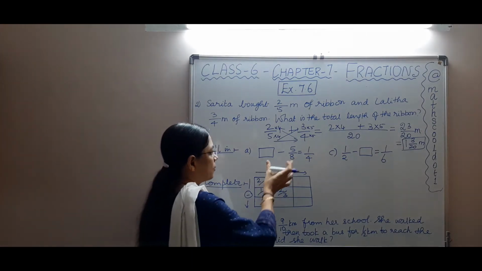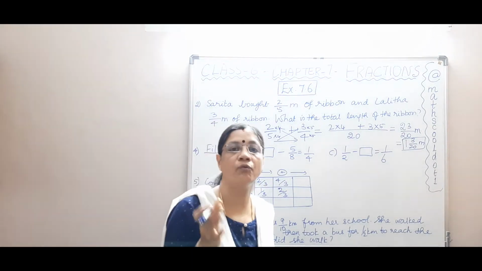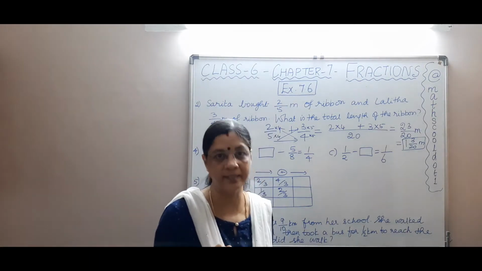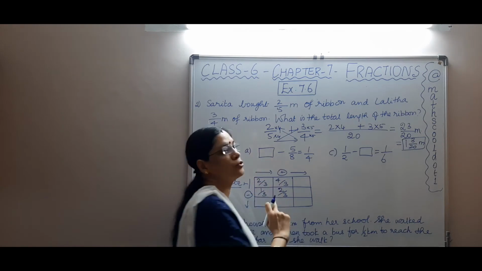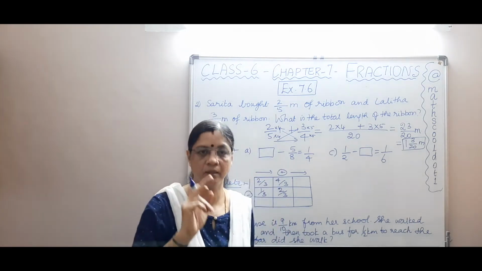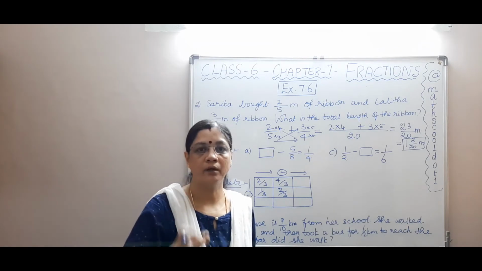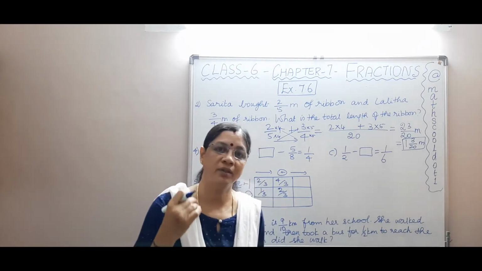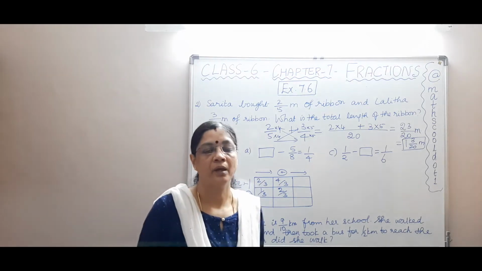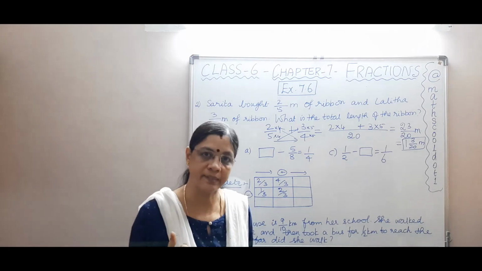So here, whenever you have subtraction and whenever you have missing digits in it, do remember the first fraction has to be a bigger number, isn't it? We assume that the first number is a bigger number. After studying the chapter on integers, we will know that even smaller numbers can be subtracted from smaller numbers, isn't it?